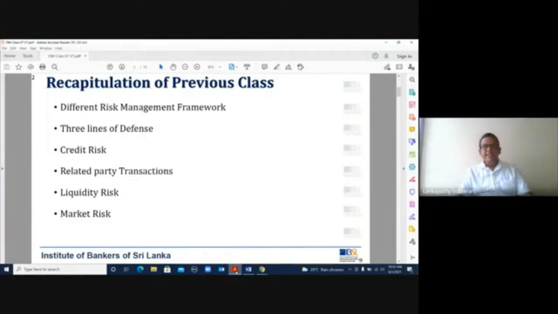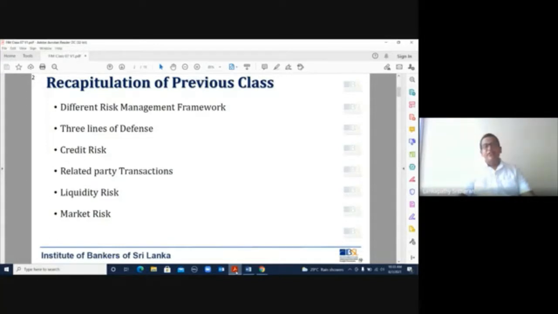Then we discussed the three lines of defense: the first line of defense, second line of defense, and third line of defense. Internal audit is the third line of defense, and it is comparatively the most independent of the three.